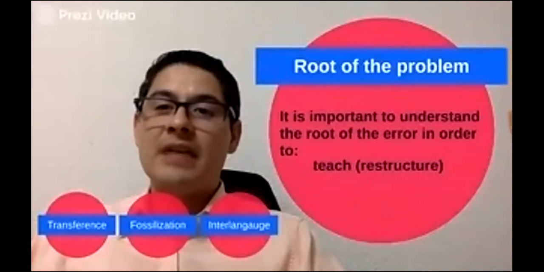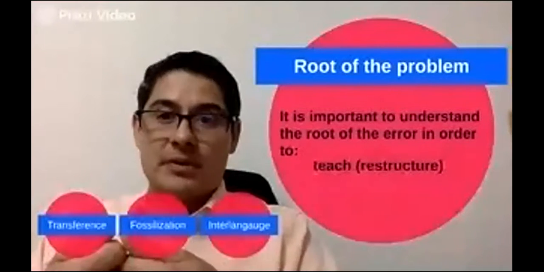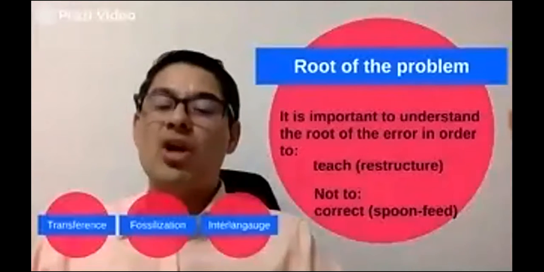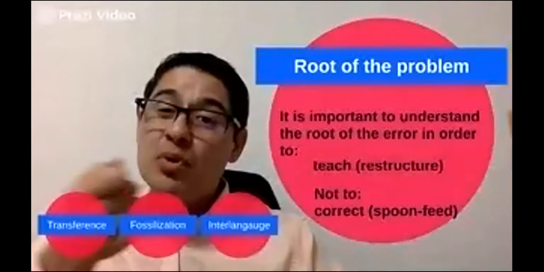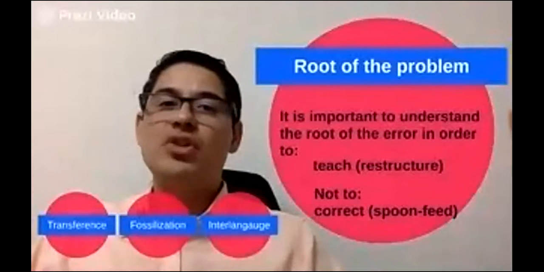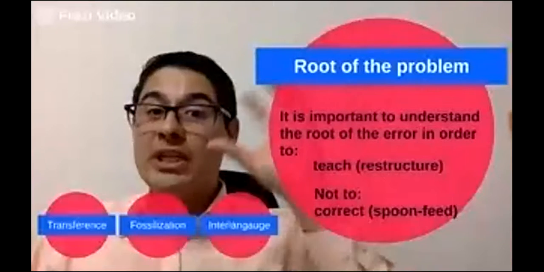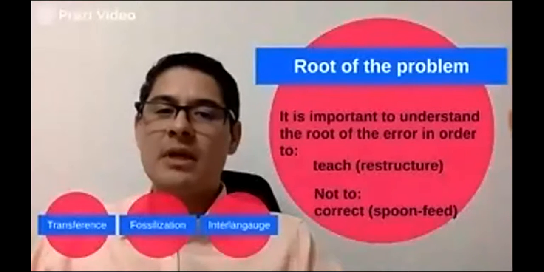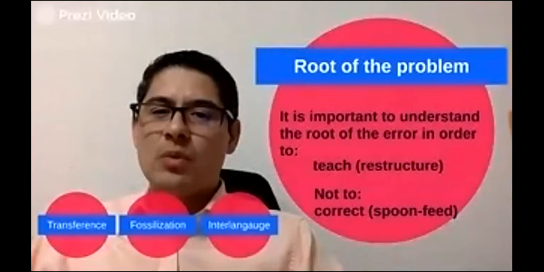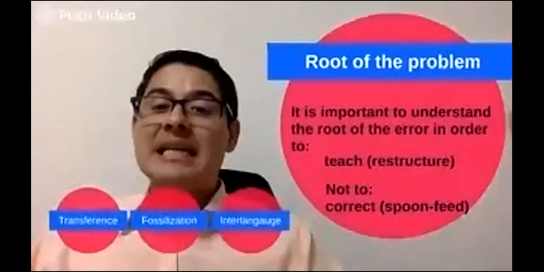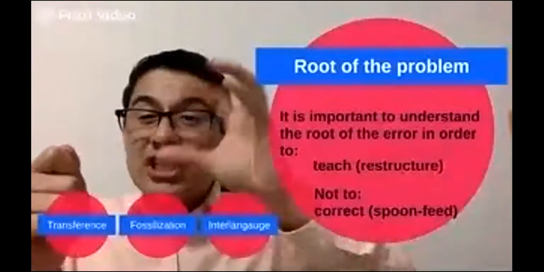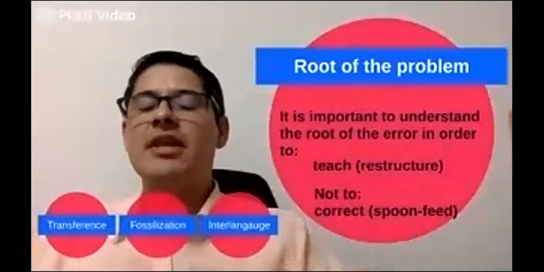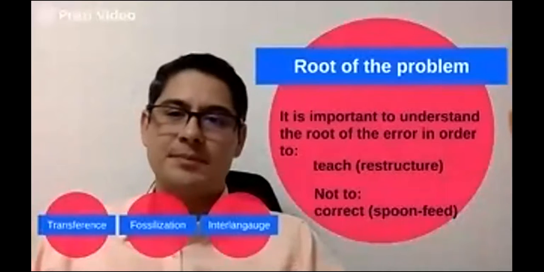If a student has an error and you give them the answer, you are correcting it, spoon feeding the answer, but the student is not able to restructure his or her information. So in this way, we're going to be focusing on teaching, restructuring the student's information from their mistake or error.